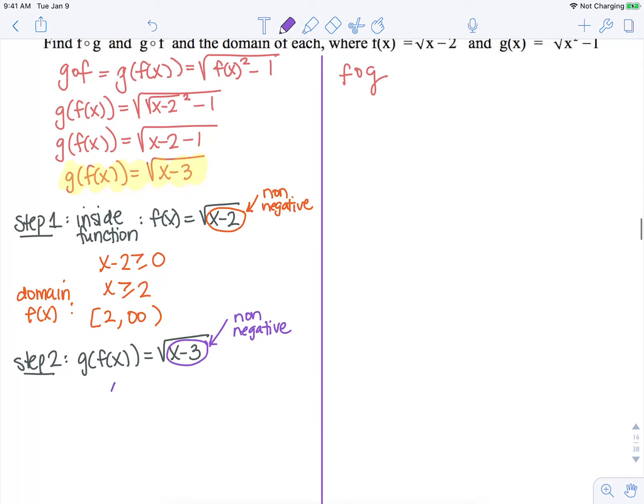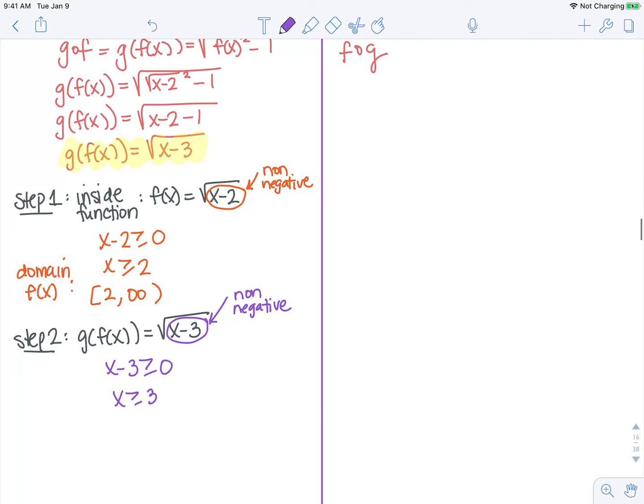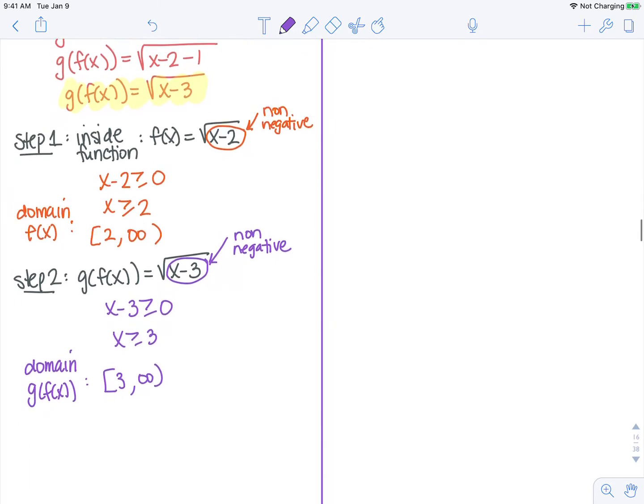So this tells us that x minus 3 must be greater than or equal to 0, or x must be greater than or equal to 3. So the domain of g of f of x is from 3 to infinity.